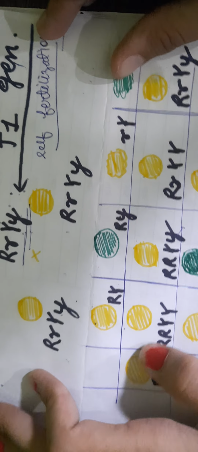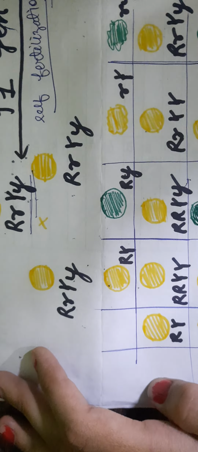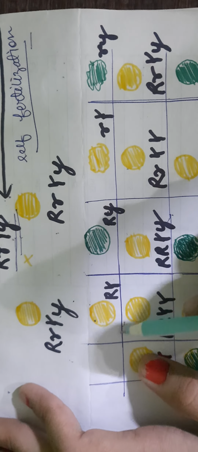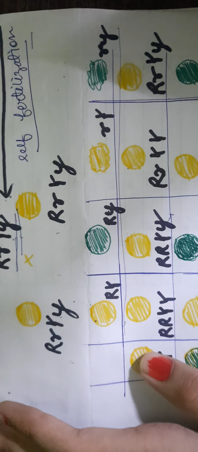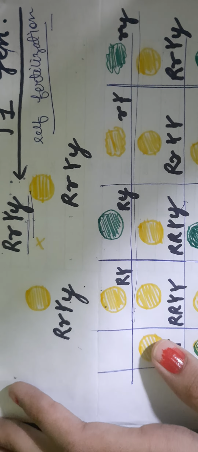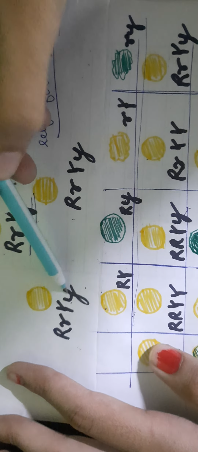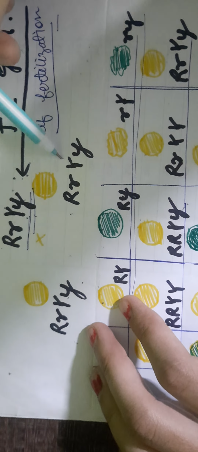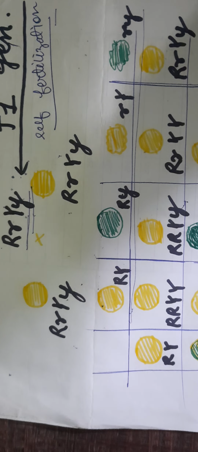See children, the upper side which I have written shows the gametes contributed by the parent. Obviously both the gametes will be the same. Why? Because this is self-fertilization, so both have the same genotype.